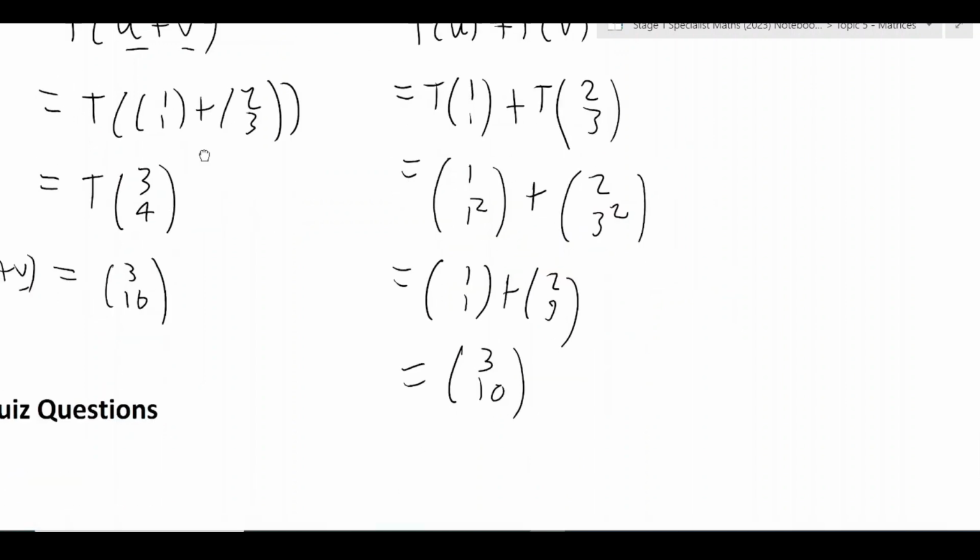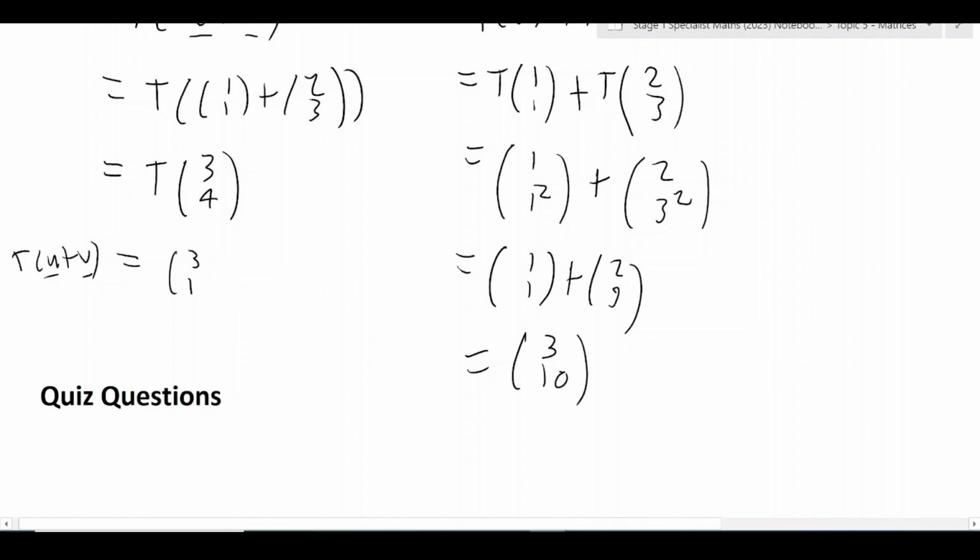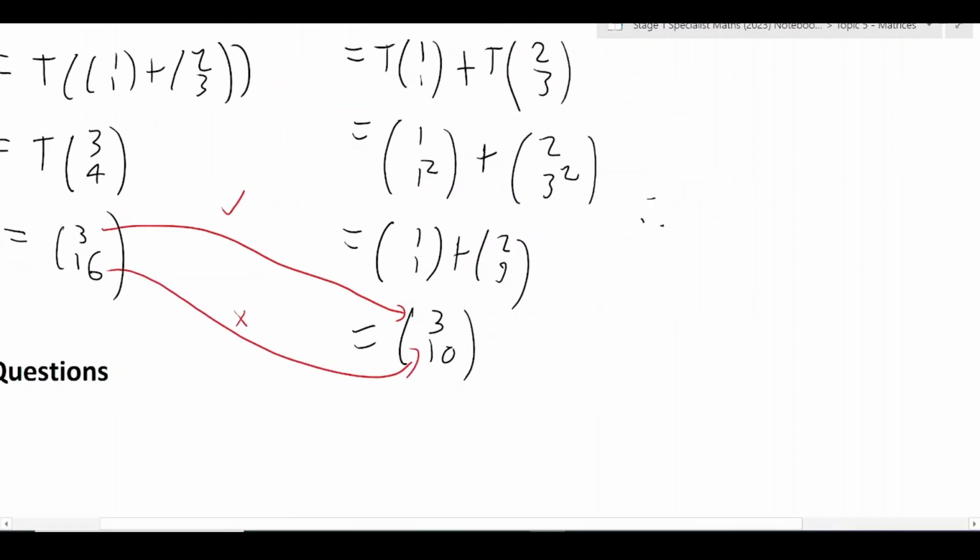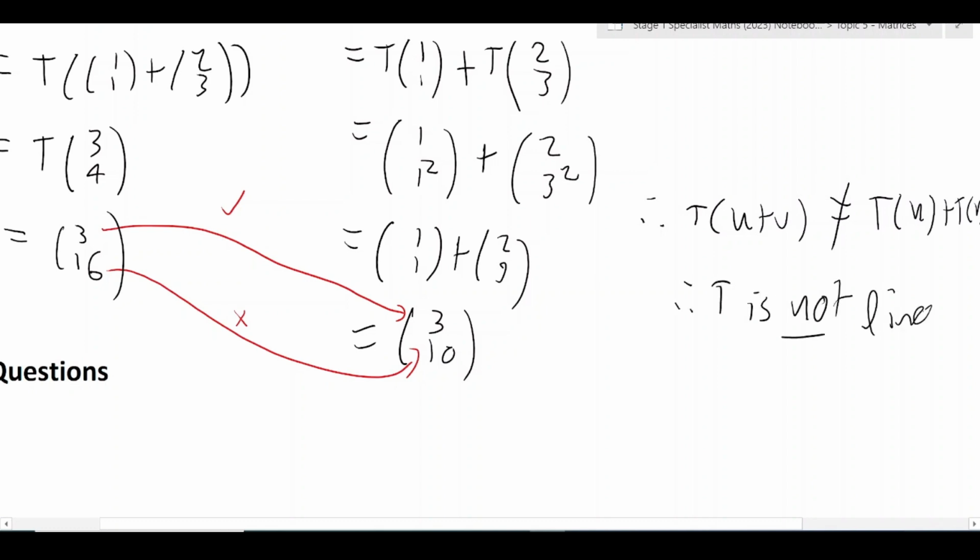So that's a 16, not a 10 on the left there as well. So we can see that the top numbers do match, but the bottom numbers do not match. Therefore, T of u plus v does not equal T of u plus T of v. Therefore, T is not linear because it failed that first test.